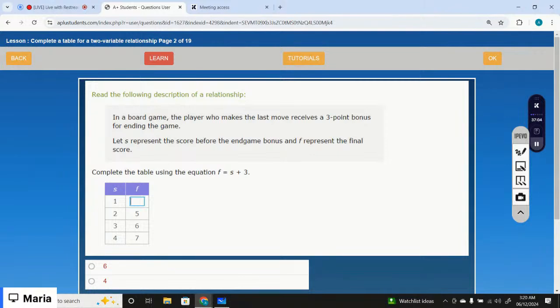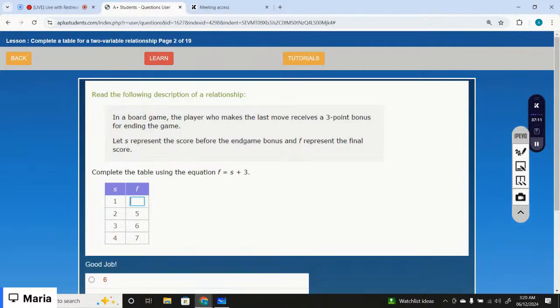F equals S plus 3. Very good. That is 4. Option number 2 is the correct option.